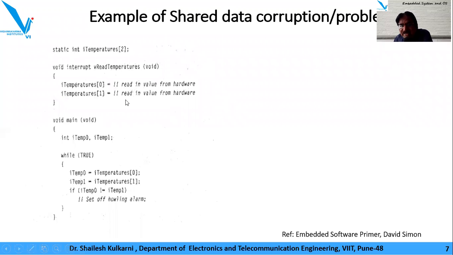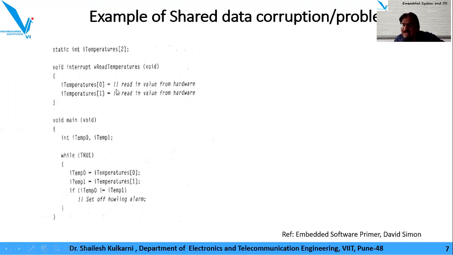So it has updated only iTemperature 0, and the task switching would happen from this execution to the mainline program. So the earlier value of itemp1 would be the same as that of itemp1, right?